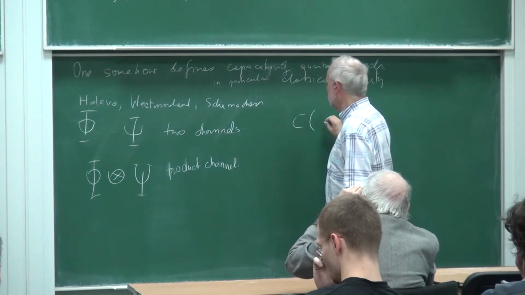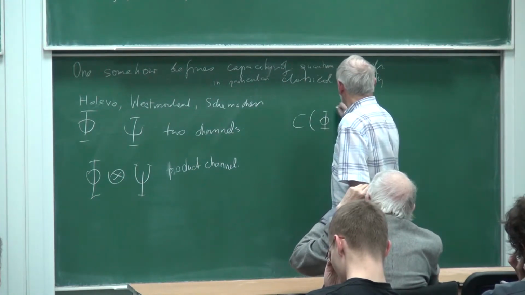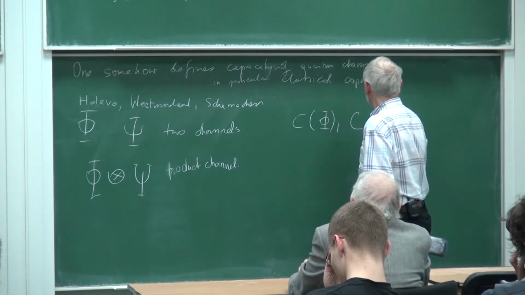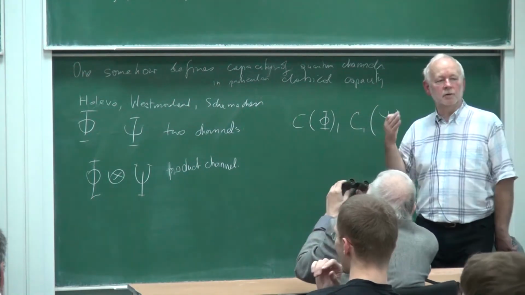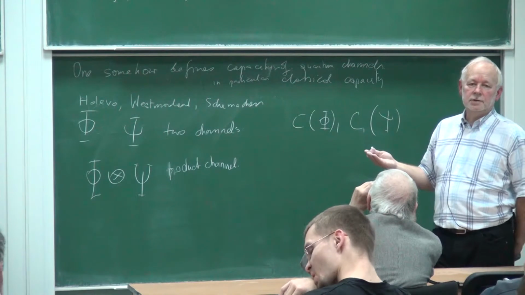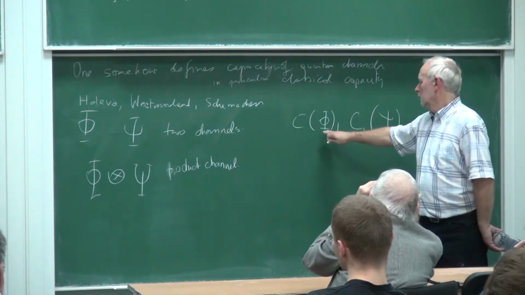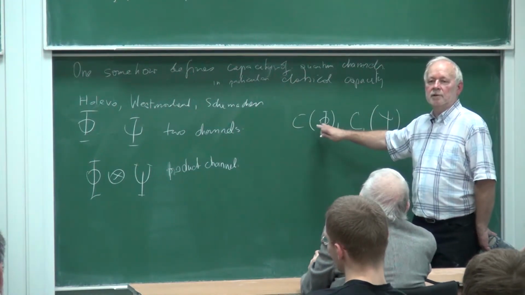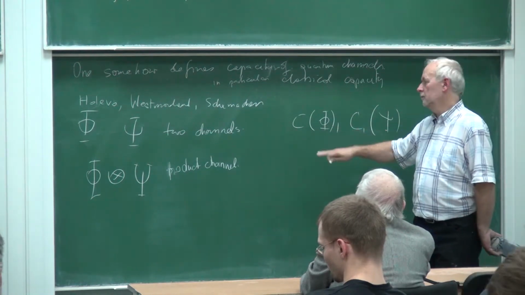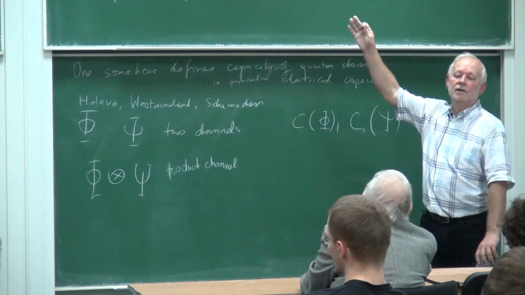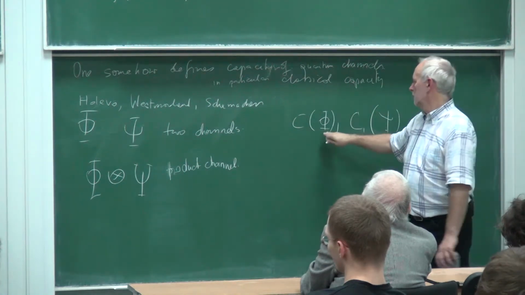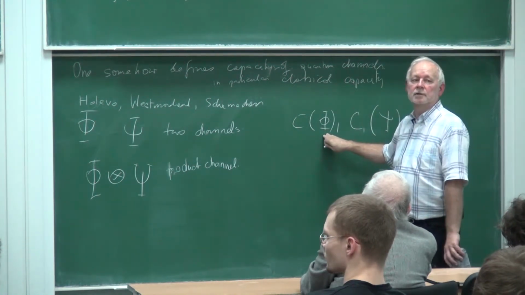Let's call them C of phi, C of psi, and this just means how many bits of information on the average can you send by a single use of that channel. This is defined by a limit version, where you can use it n times when n is large.